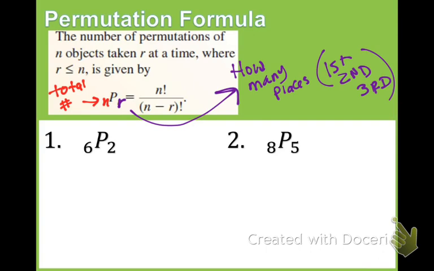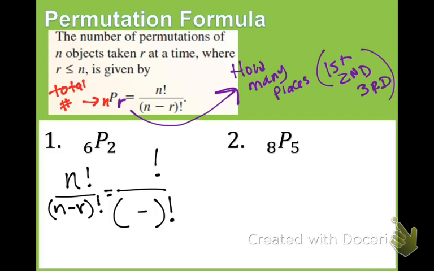So we're going to do the first one. I'm going to go ahead and write down the formula: N factorial over N minus R factorial. So all we're doing is writing down the formula so far. You're finding how many permutations there are. There are 6 total things. Why is there a second fraction?